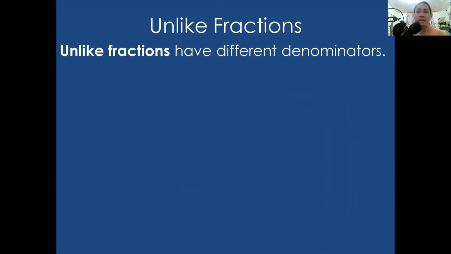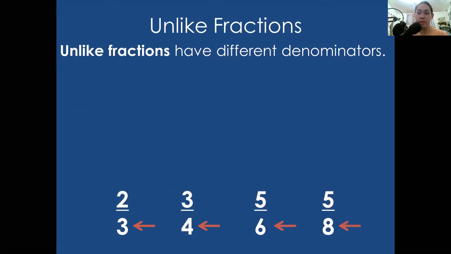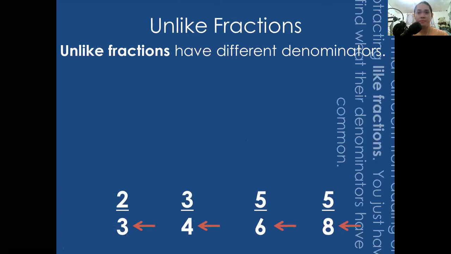So when we say unlike fractions or dissimilar fractions, they have different denominators, as simple as that. Once their denominators are not the same, then they are called dissimilar fractions or unlike fractions. As you can see there, their denominators are not the same.